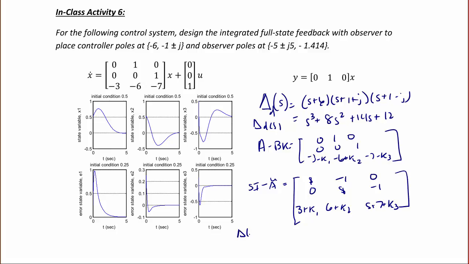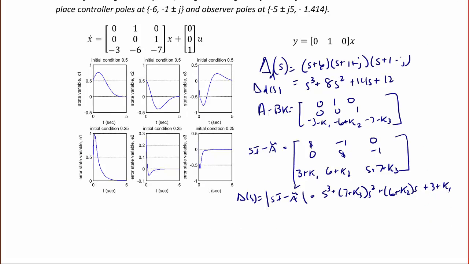So Δ(s) is equal to the determinant of sI minus Ã, which equals s³ + (7 + k3)s² + (6 + k2)s + (3 + k1).